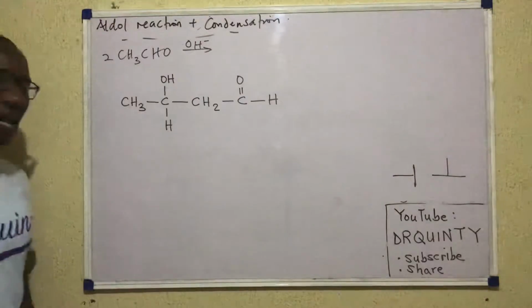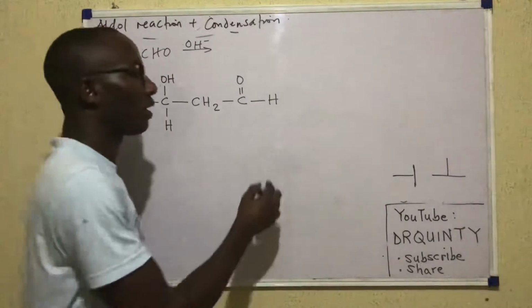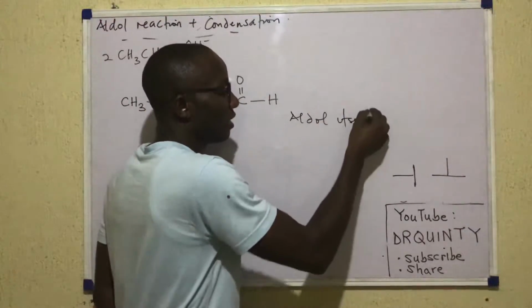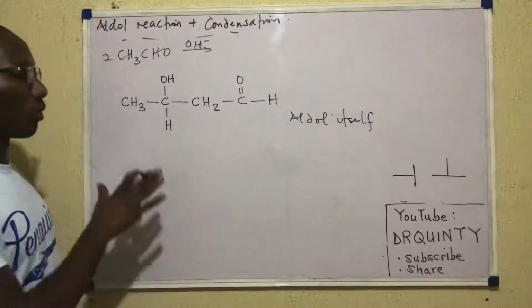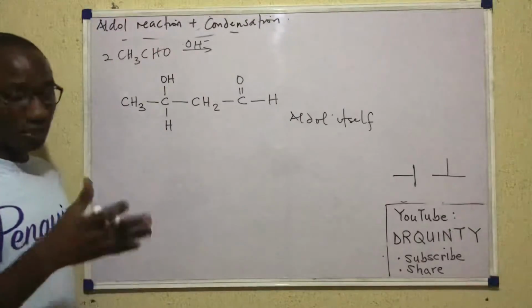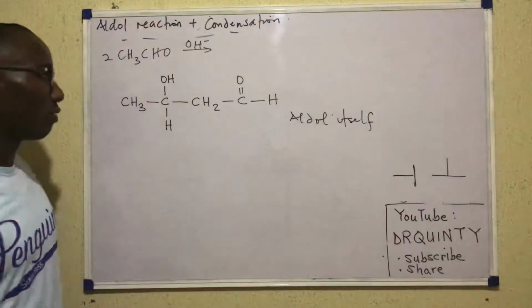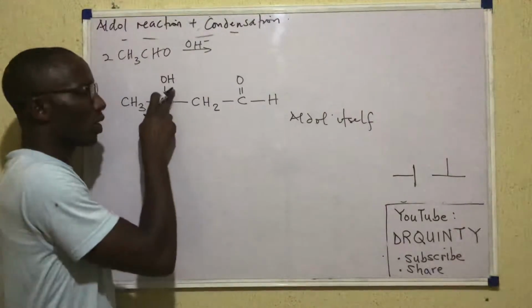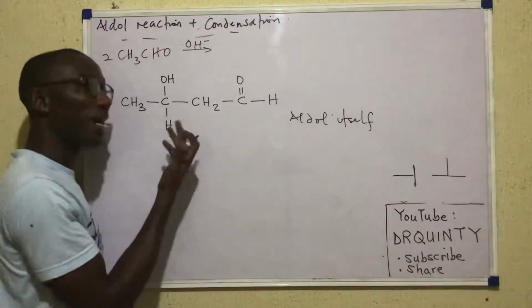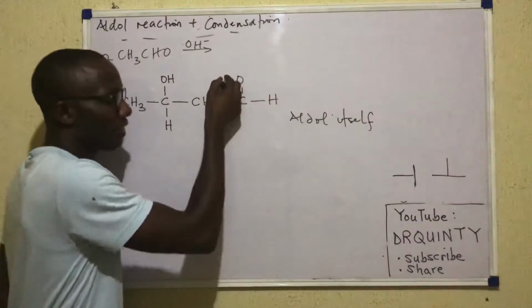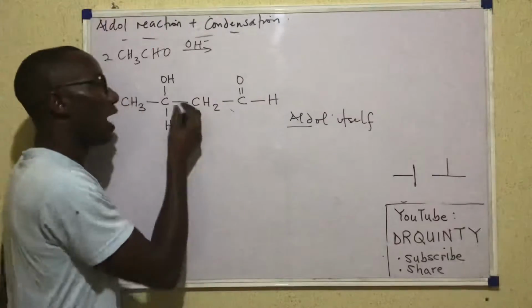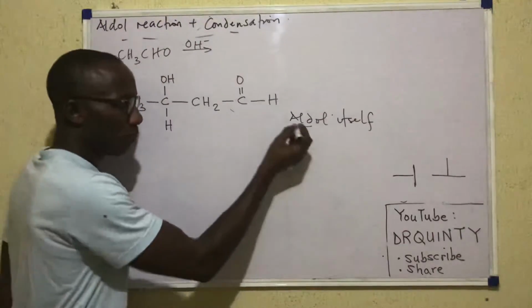It is called 3-hydroxybutanal, and 3-hydroxybutanal is aldol itself. There are different other aldols, but 3-hydroxybutanal is like the standard. That is aldol itself. Now this aldol, we call it aldol partly because it has the aldehyde functional group, ald, as well as the alcohol group, ol.